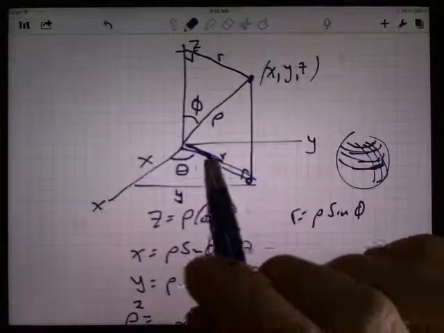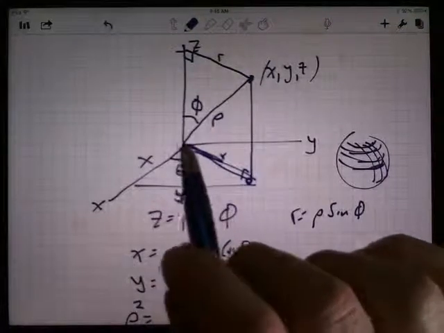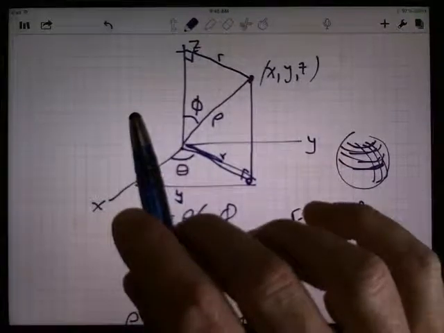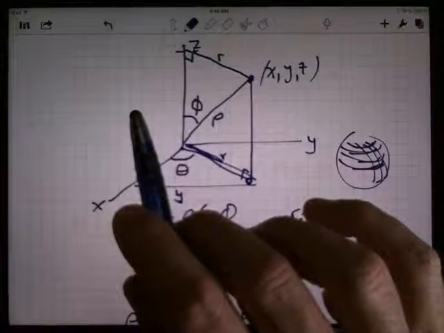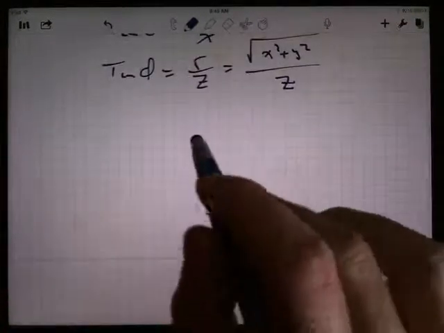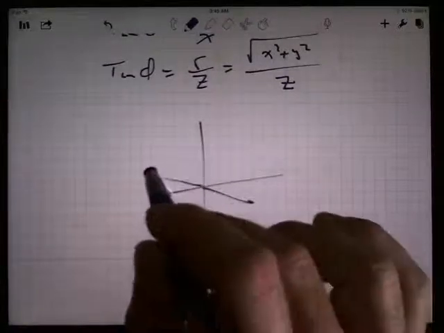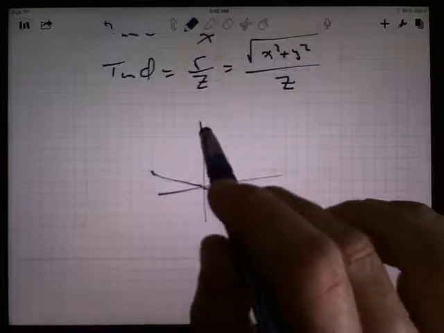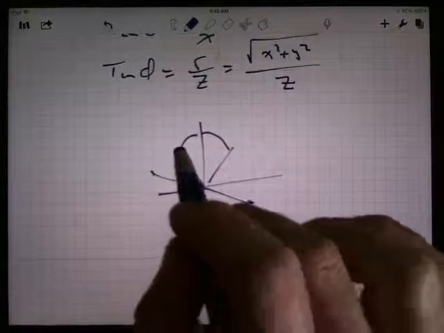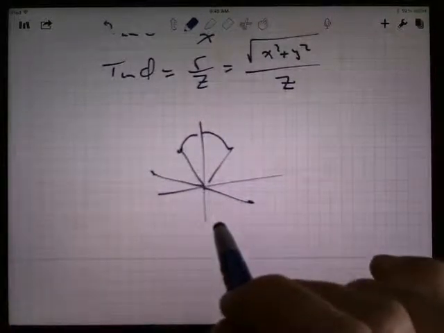Now, it's not quite so simple as saying, if theta is off by pi here, so if you're sticking out in this direction, you can just take rho negative, because with the same phi, if I've got one theta sticking out this way and one theta sticking out that way, with the same phi, so the same angle down here or the same angle down there, those are very different spots, and just taking rho negative doesn't get you in the right place.